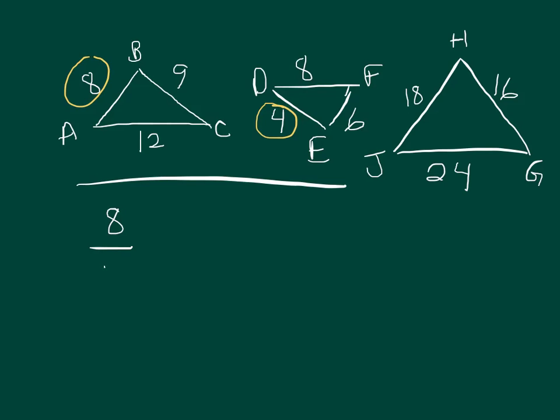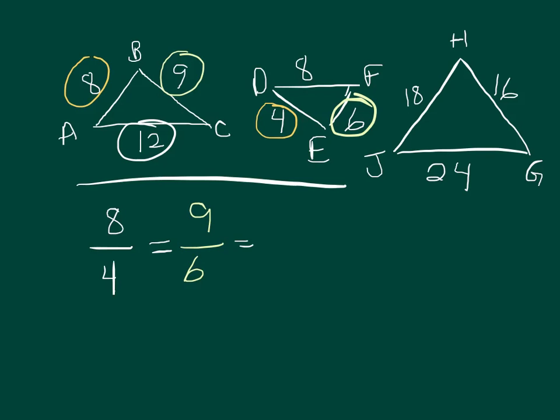So 8 over 4, and we're going to see if that equals in proportion to the other sides in these triangles. So let's go for the medium side, which is 9, over the medium side here, which is 6, and then the longest side is 12, and the longest side here is 8.